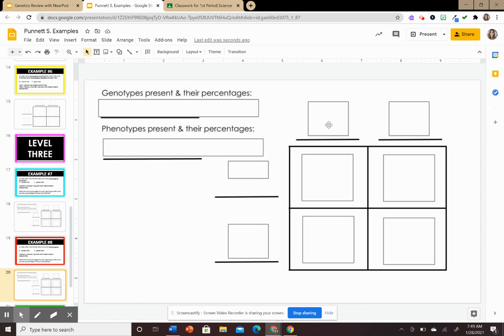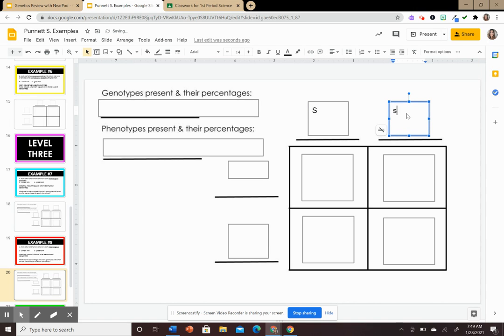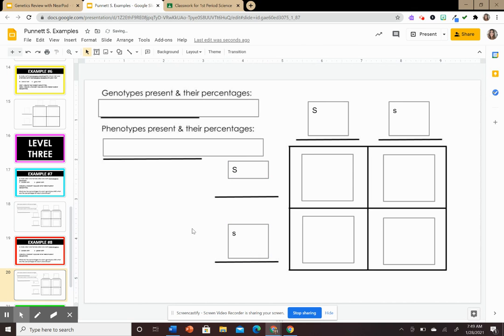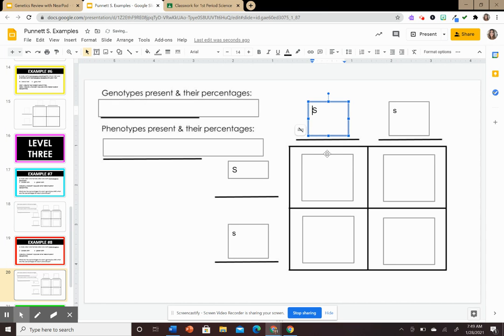So again, we'll just go up here. We'll put the male right here, big S, little s. Put the female right here, big S, little s. Okay, and then just like we did before, we'll come up here, we'll start with the male, and we'll drag him straight down.